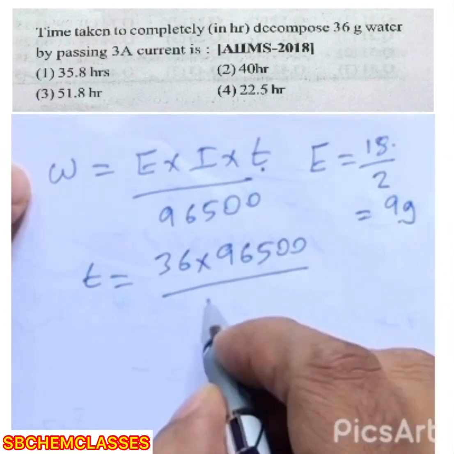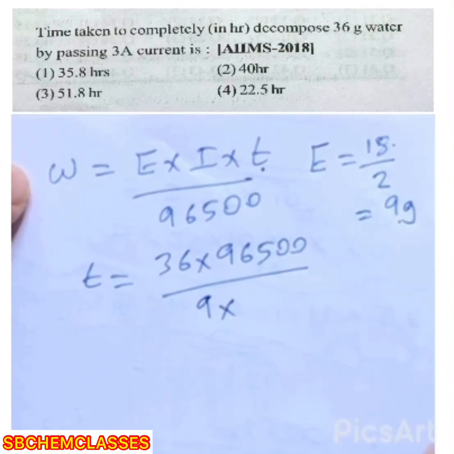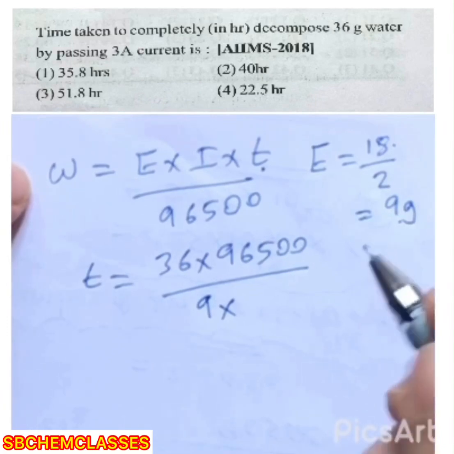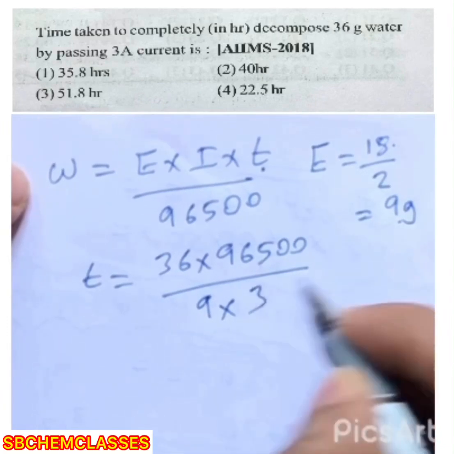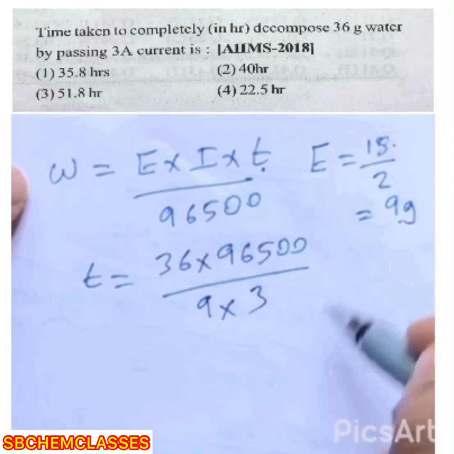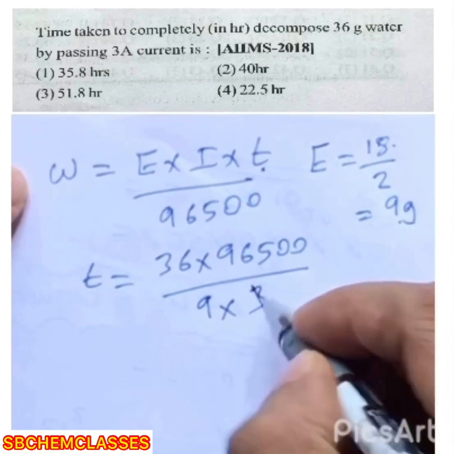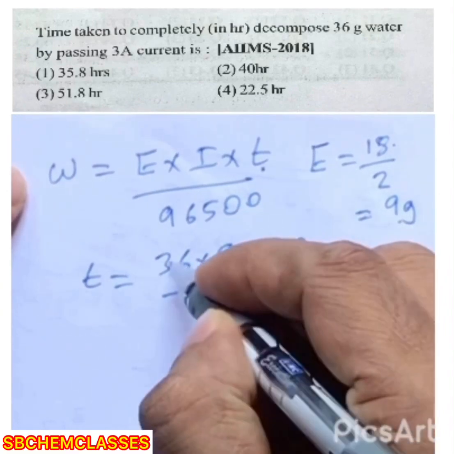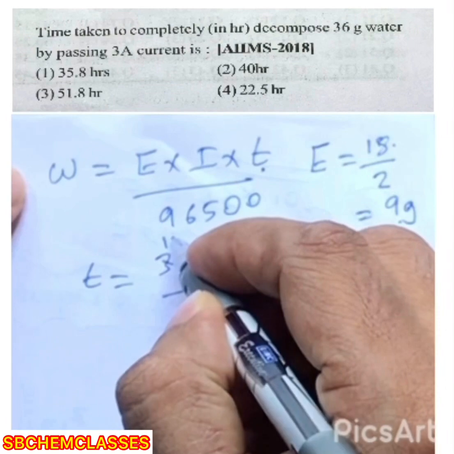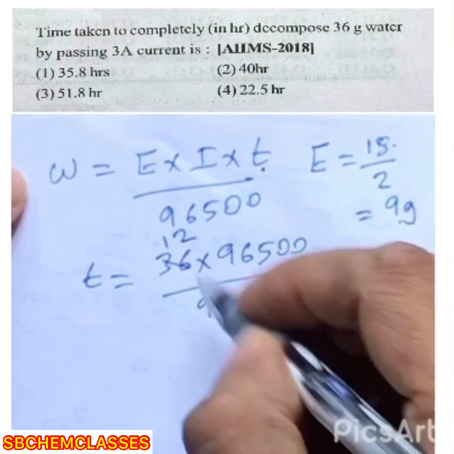So 9 into I, which is 3. So we can calculate this: 3 and 36 can be converted as 12 by 9.